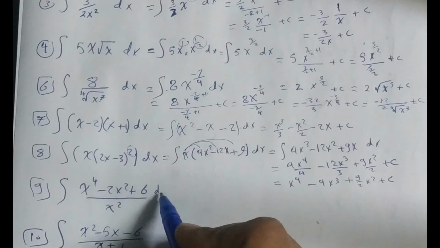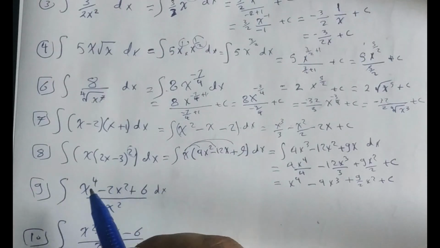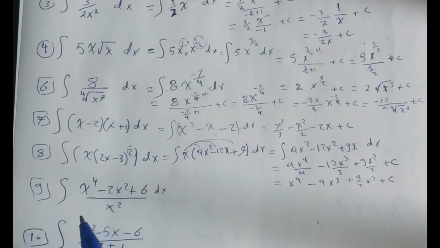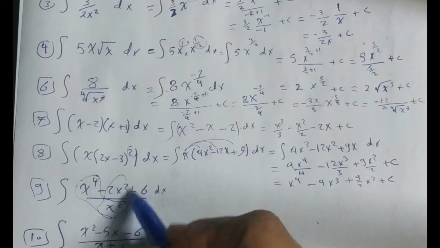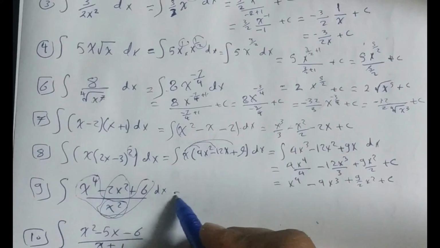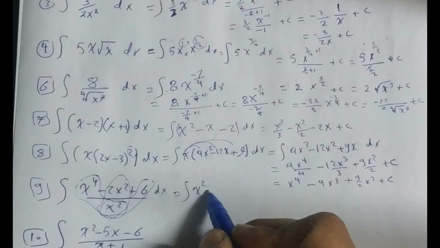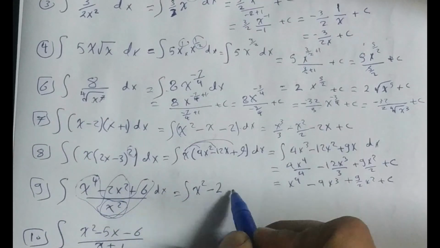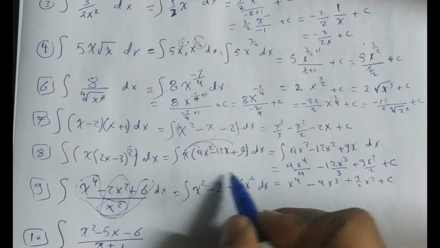This example is the integration of a quotient of two functions, so we must do something now in the easy way. Just distribute: x^4 divided by x^2 will be x^2, minus 2, plus 6 over x^2, you can write it as x to the power negative 2, dx.